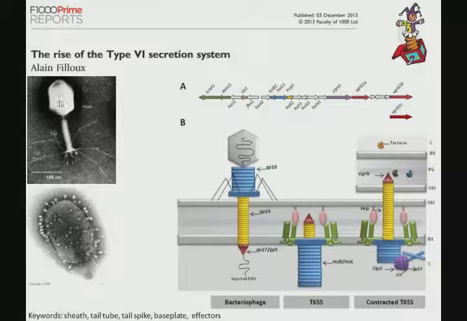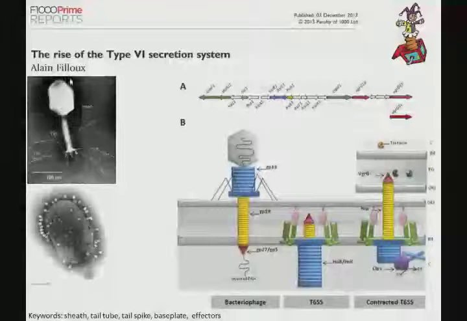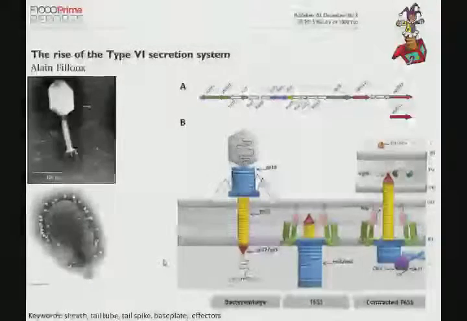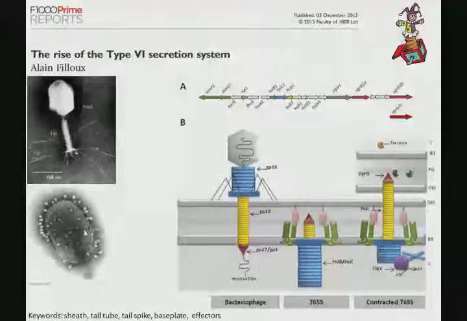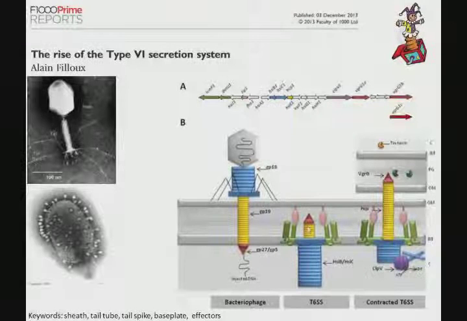It injects its DNA, which is packaged into the head, through the sheath into the bacterial cell, and that usually integrates into the genome. This is an EM picture of a bacterium that has phage attached to it, which is really cool.